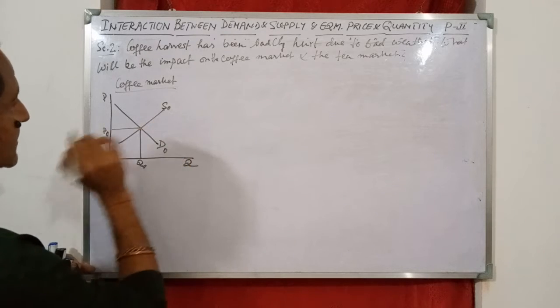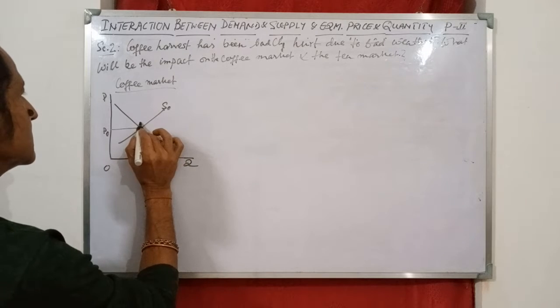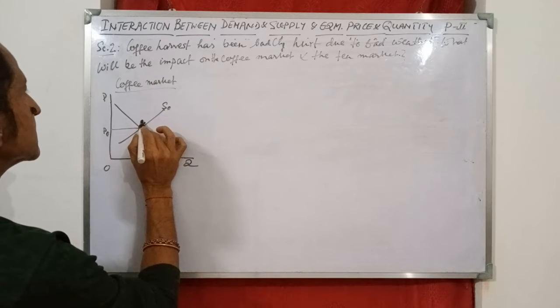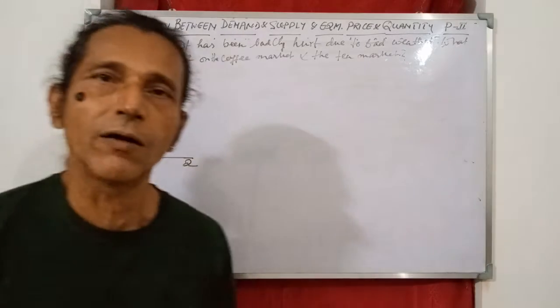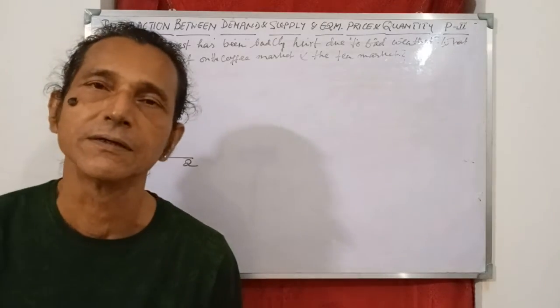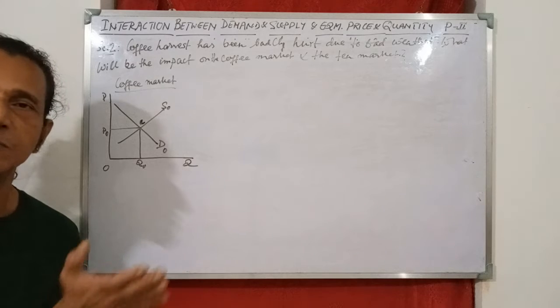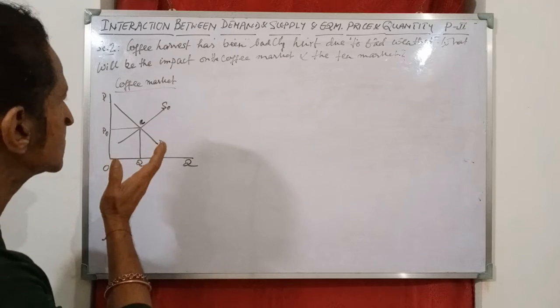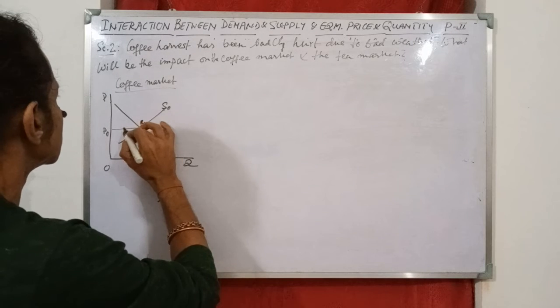D sub 0 and S sub 0 intersect at point C. Now, as a result of bad cultivation of coffee, supply of coffee will fall. So the supply curve of coffee will shift parallelly leftward. So S sub 0 will parallelly shift leftward to say S sub 1.